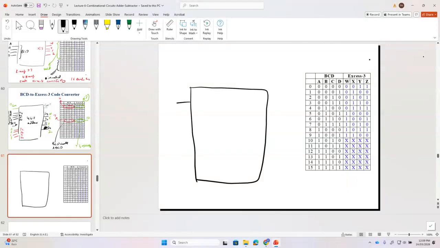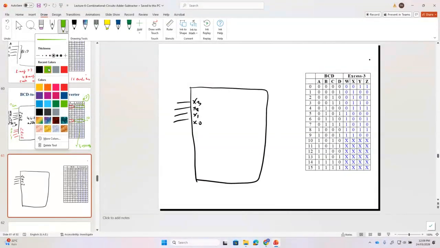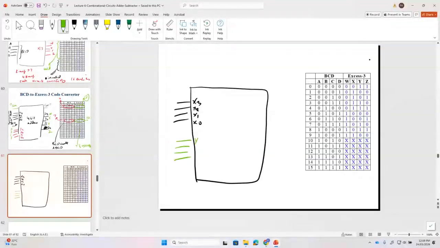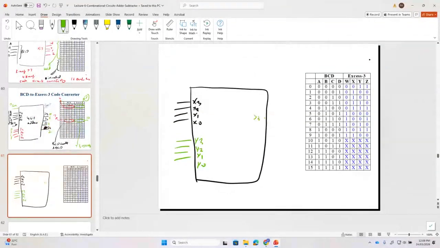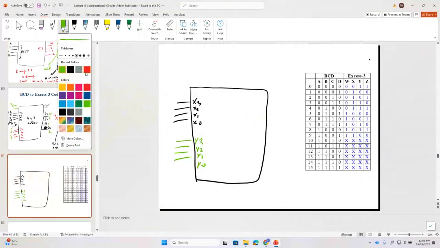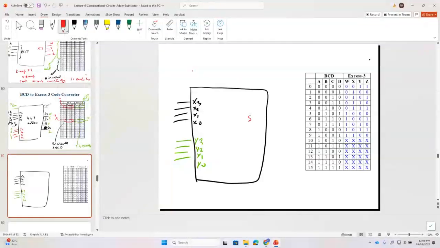So this is my X: X3, X2, X1, and X0. Then we have Y3, Y2, Y1, and Y0. And then we have the sum, which is S3, S2, S1, and S0.